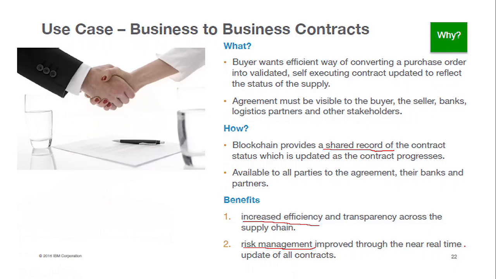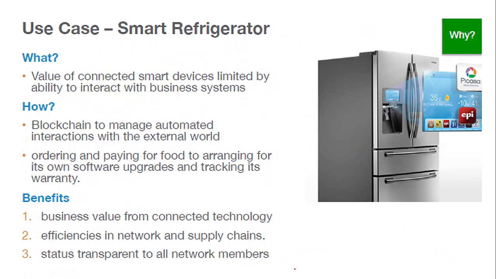And of course, there's a near real-time update of all our records. So ladies and gentlemen, I'm just trying to capture your attention to these particular keywords, because these are what are going to help us understand the benefits, or rather why we need this technology across the various sectors.